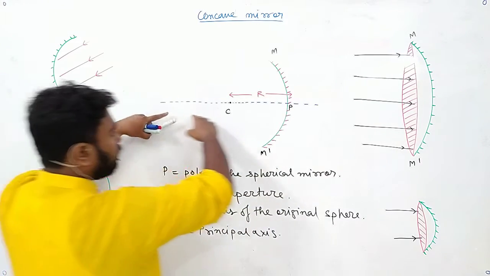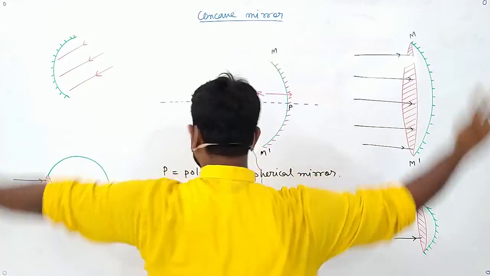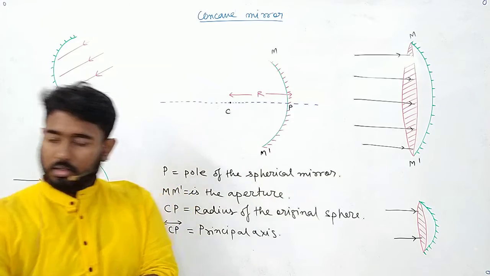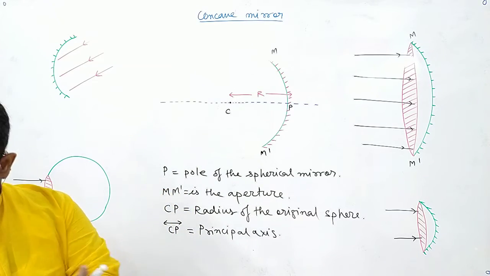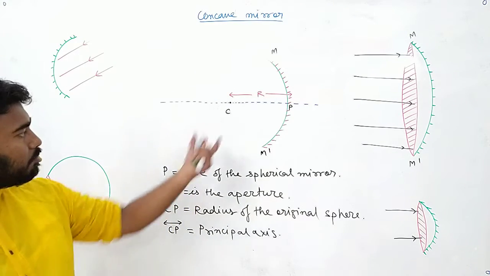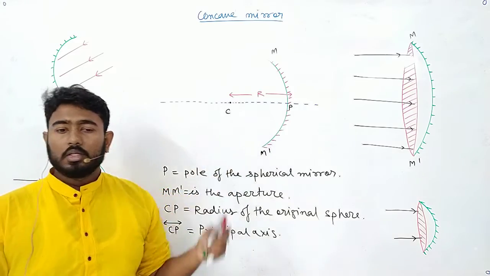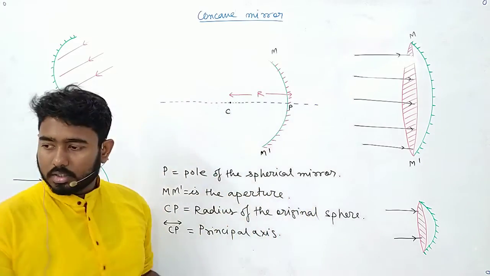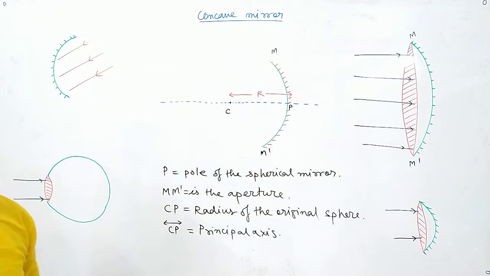You can imagine the blue line going to infinity. CP is the radius of curvature. Is the idea clear to all of us? So we got the idea of the concave mirror.